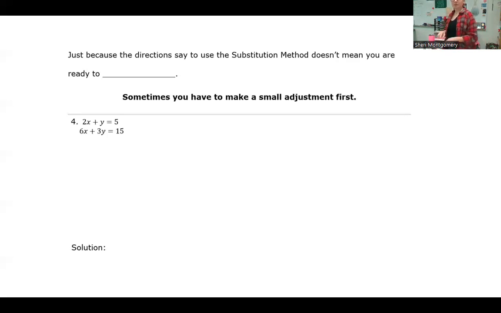So sometimes you have to make little adjustments first. So just because the directions say use the substitution method does not mean that you're ready to substitute. It means that it's probably going to be the easiest method. I'm trying to help you figure out which method, because some of y'all would look at your quiz or look at your test and be like, I have no idea how to do this one.